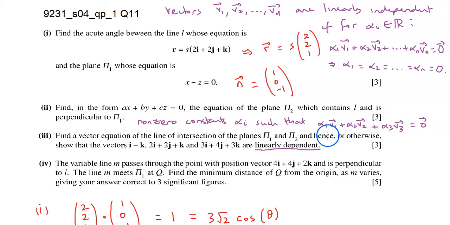Another way to say that is you can write one of the vectors as a sum of the other two. So v1 is equal to beta 2 v2 plus beta 3 v3, where beta 2 and beta 3 are also real numbers. Those two things are equivalent to each other. Anyway, let's go ahead and actually solve this question.